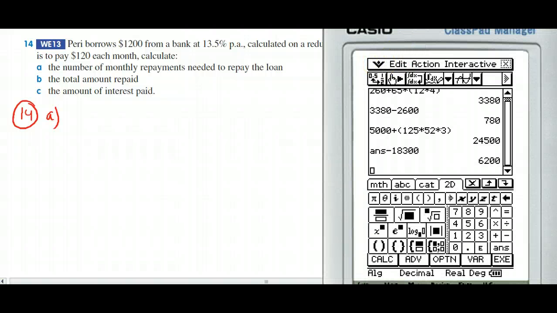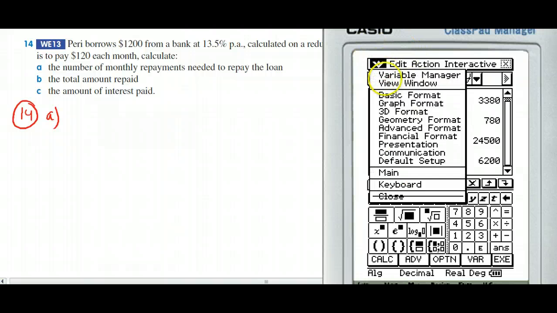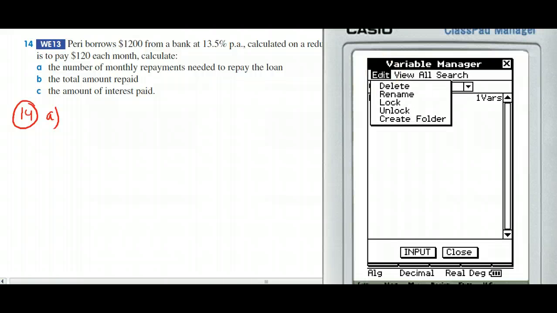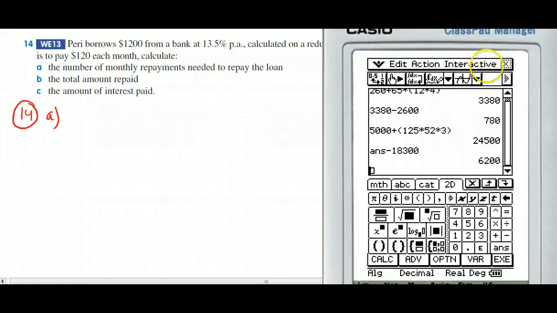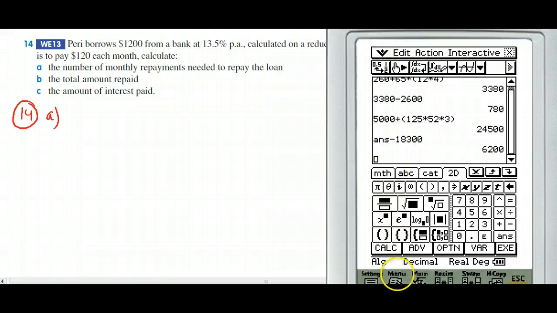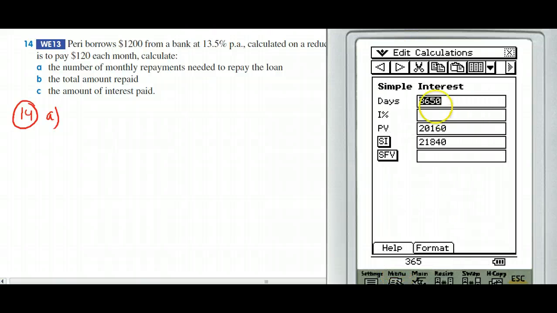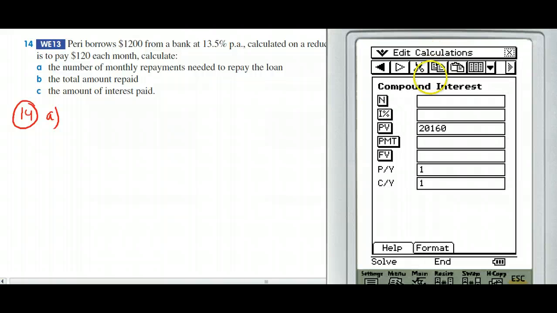So in the calculator, let's go to the menu, bring up the financial solver, and we want to go to compound interest.